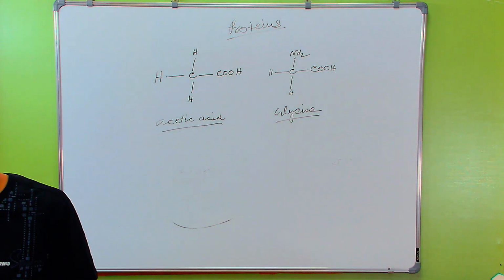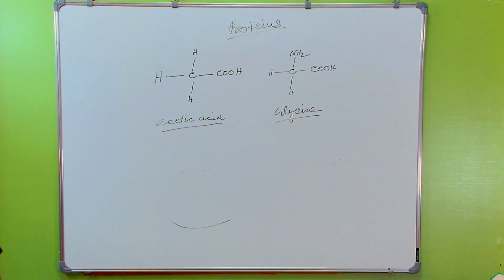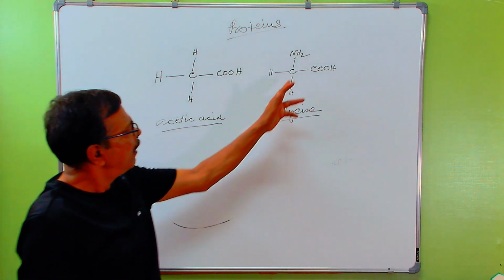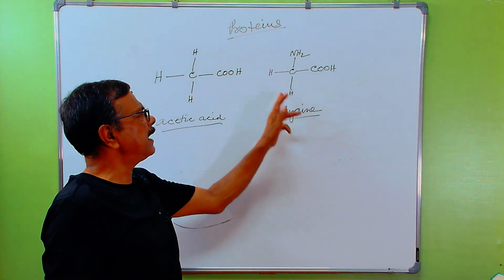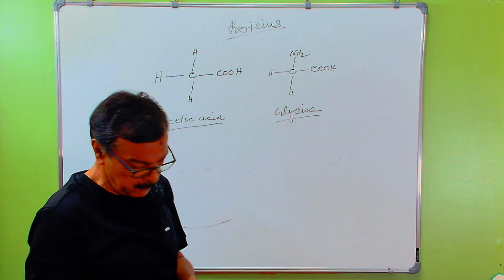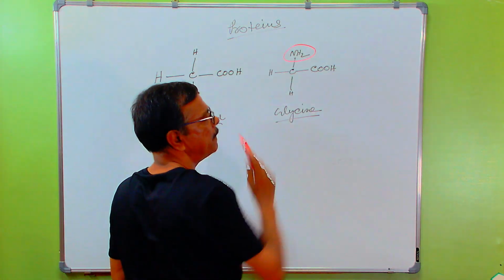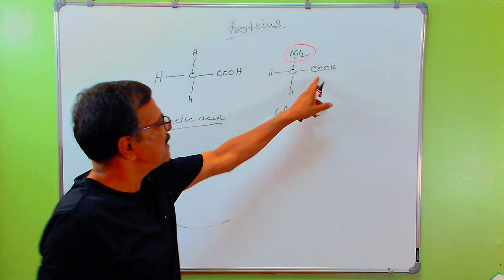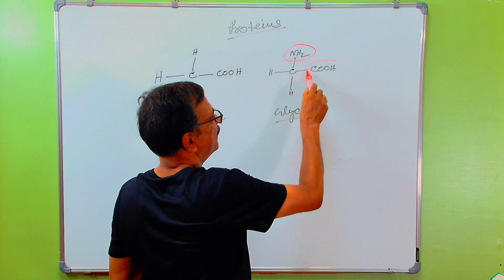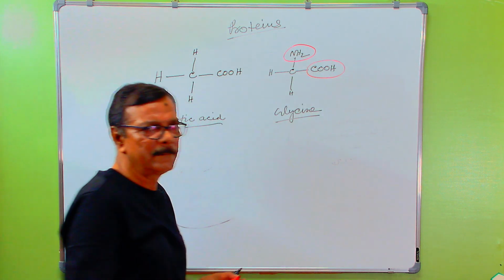In amino acid, the hydrogen atom is replaced by an amino group. This is known as the amino group, and this is known as the carboxyl group. Clear?